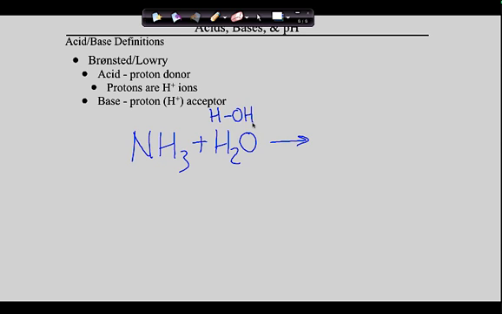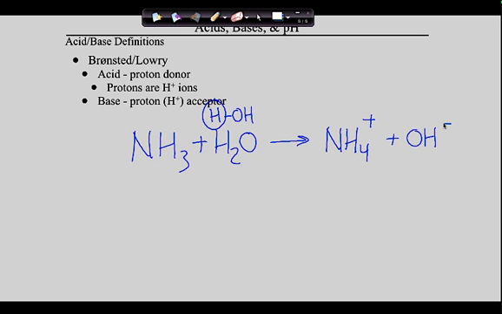What does Bronsted Lowry say bases do? They take in hydrogens. So this base, NH3, is going to steal a hydrogen from water. And when it does, it actually forms NH4 with a positive charge. And then what's left over? OH. There is your hydroxide.